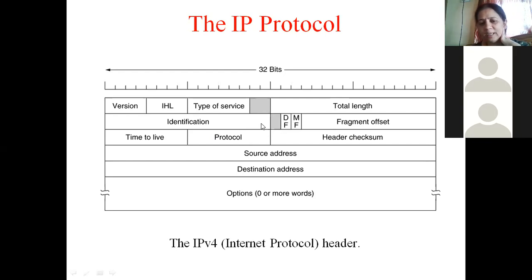This is used to indicate which protocol in the destination will be accepting the packet that we have sent. Then comes another 16-bit field, which is called the header checksum. We all know checksum is a method of checking errors inside the packet. This header checksum is used to check if any errors have occurred in the header, not in the data.